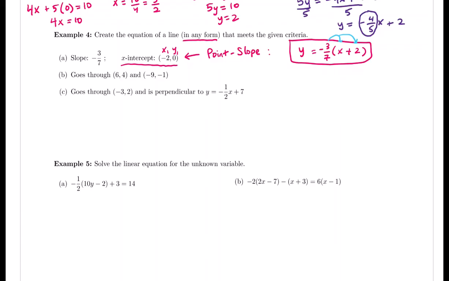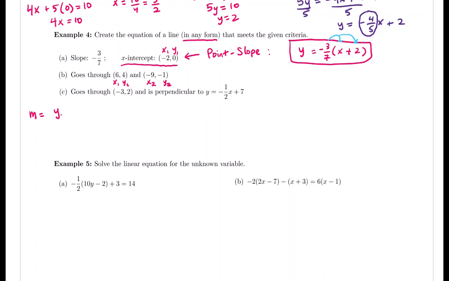In part B, we're looking for the equation of a line that goes through 6, 4 and negative 9, negative 1. I'm going to start off by computing the slope because I only currently have 2 ordered pairs that the line goes through. What I can do is I can call this x1, this y1, this x2, and this y2.